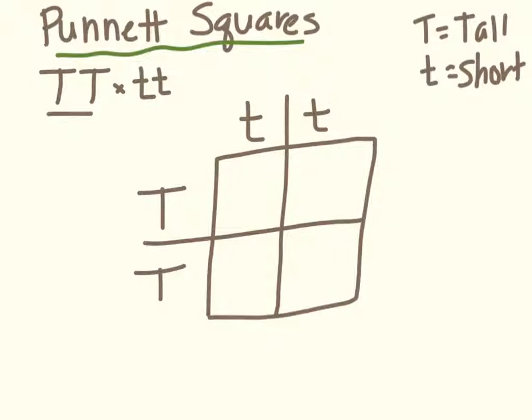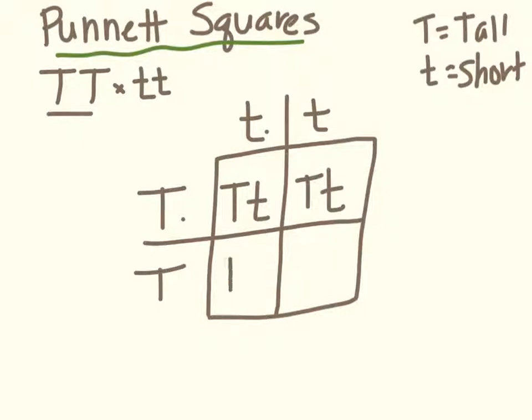Now we're going to look at possible fertilization. If this gamete and this gamete came together, then our offspring would have this combination of genes.